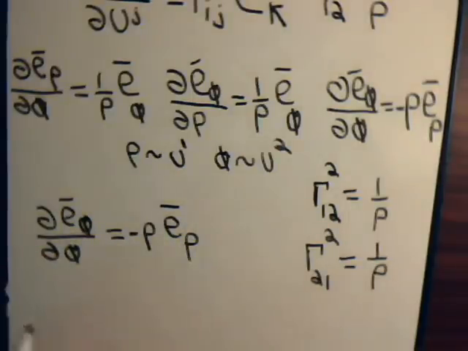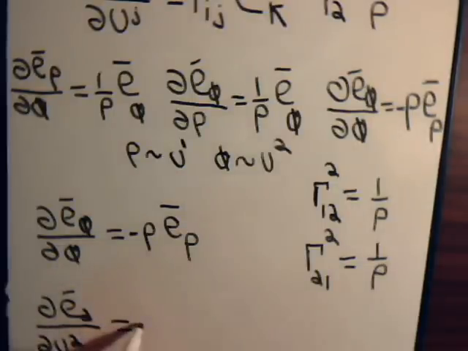Putting this back into numbers now, with our numbering system, this would be E2, with respect to psi, that's U2, equals minus rho E1.